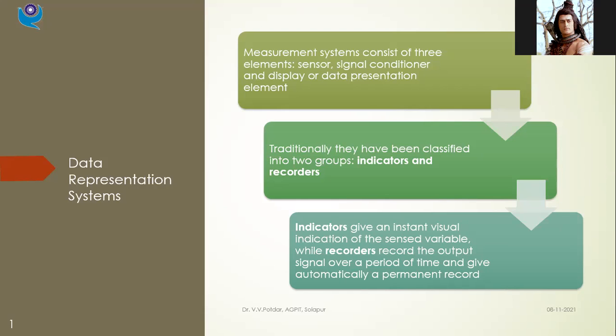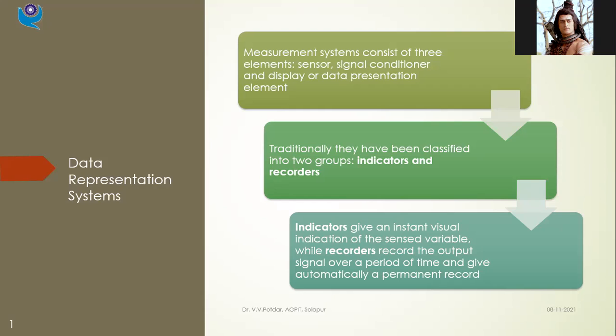So data representation is also equally important part of mechatronic systems, because let the case be of a pharmaceutical industry for that matter. So along with control action, I want the display also. If the reaction chamber temperature in a pharmaceutical industry, the reaction between two chemicals is taking place, you have maintained the concentration, you have maintained the flow rate, you have maintained the temperature, you have maintained the pressure, and the process is going on.